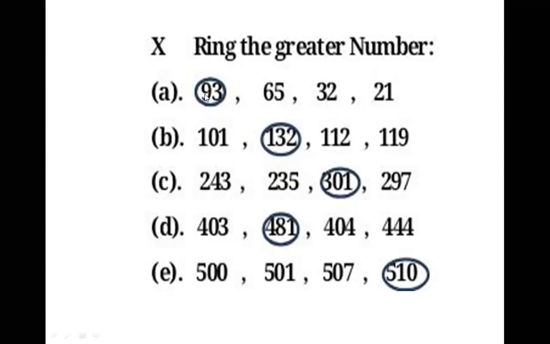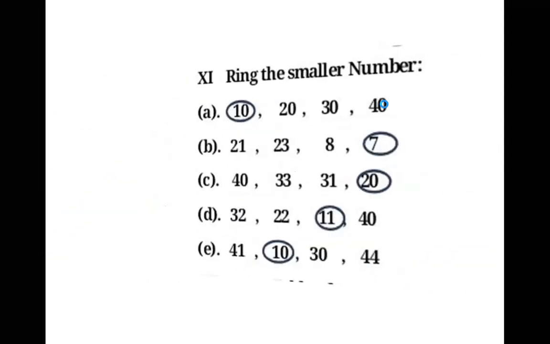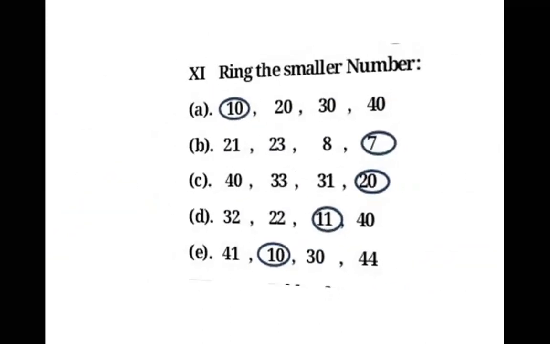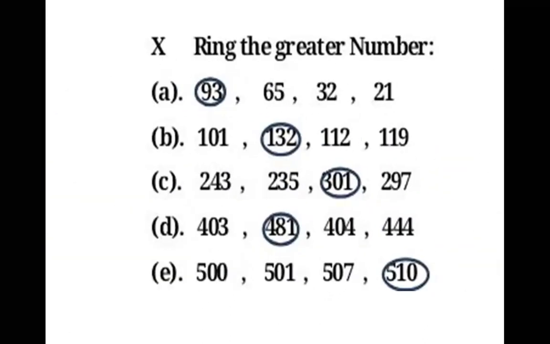See, A is given for you, and don't think there is a circle for this. Just see the numbers. First number given to you 93 and second number 65, then 32 and 21. When you are comparing, you have to look at what is the first number given to you.